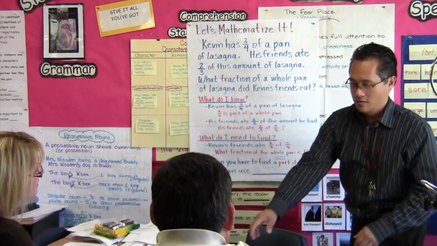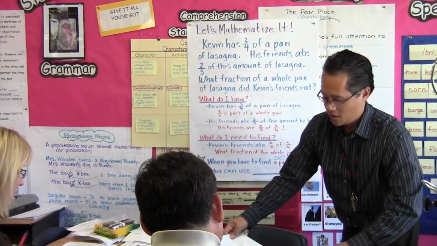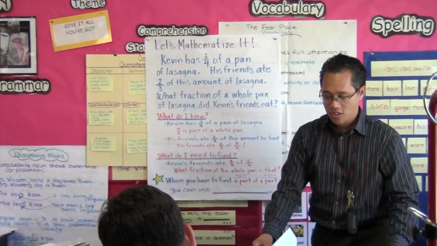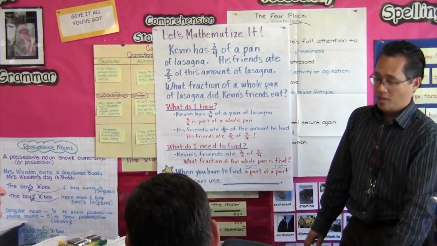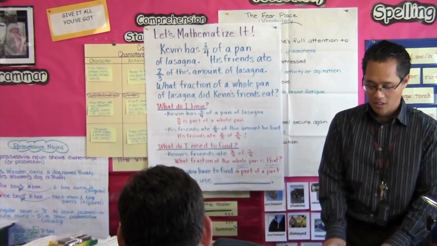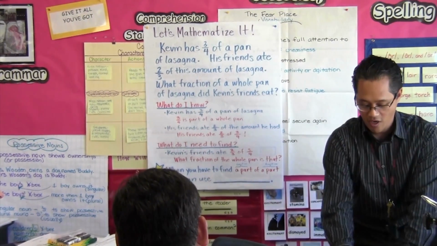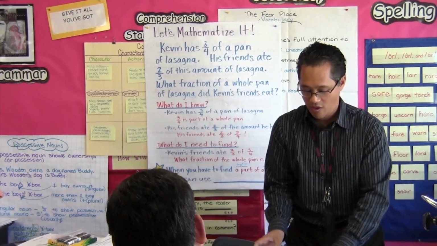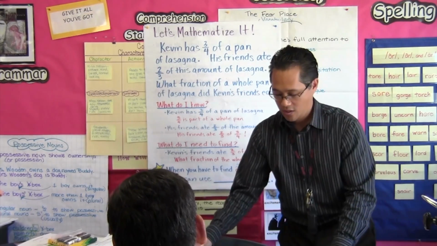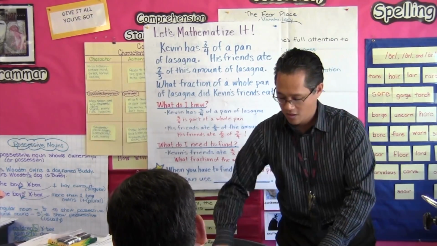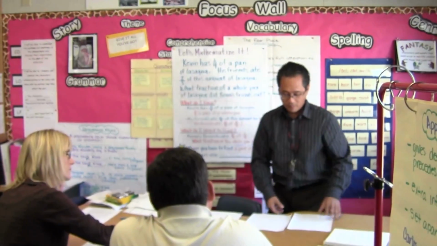Okay, so real quickly, let's just say each of these papers represents 3. Like I have a big 3 right here, and a big 3 right here, and a big 3 right here. Okay.